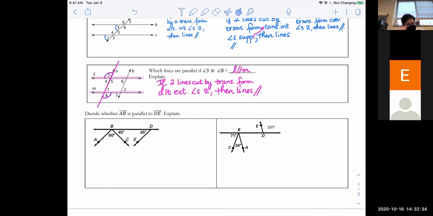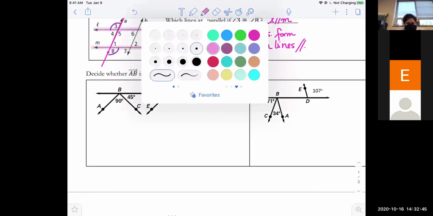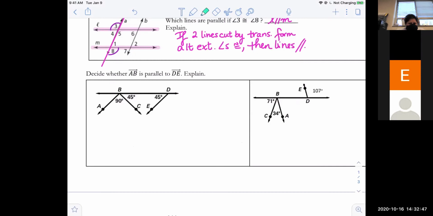Okay, take a minute and look at the next two problems. We're trying to determine from the given information if AB and DE are parallel. So take a second and think about that, and then we'll talk about it together. AB and DE.